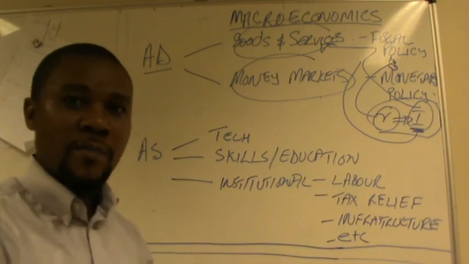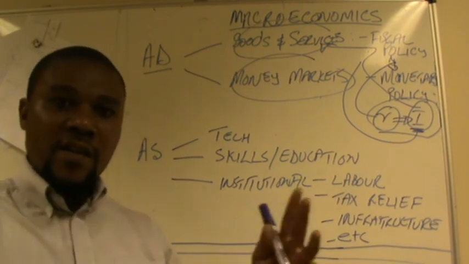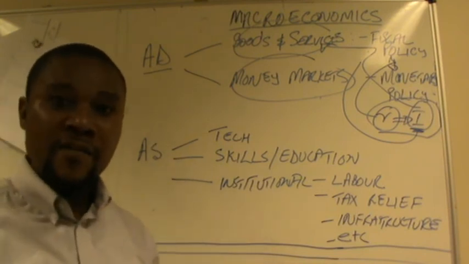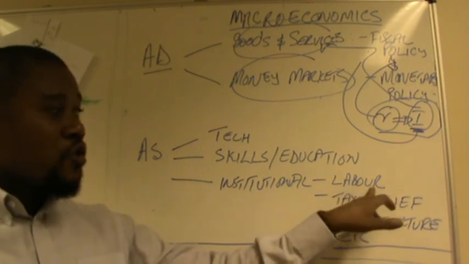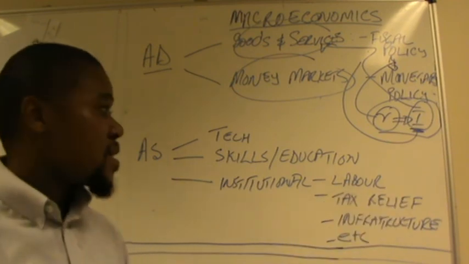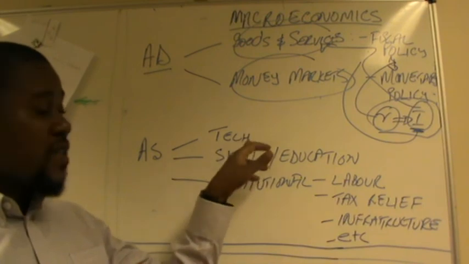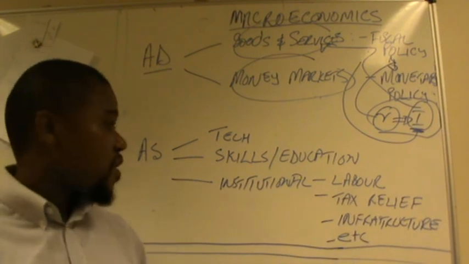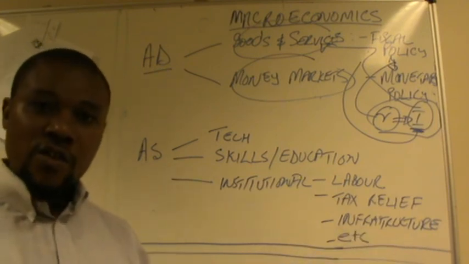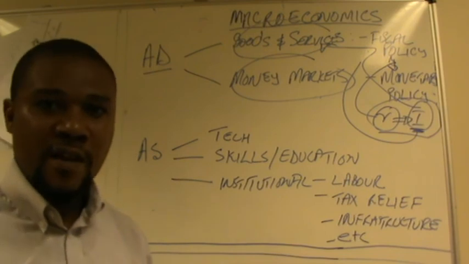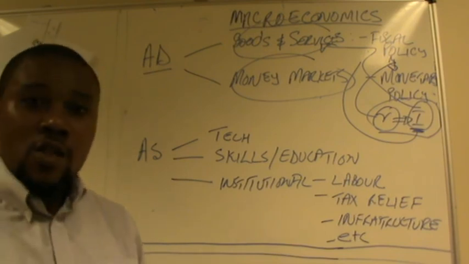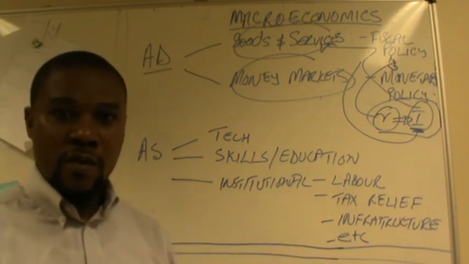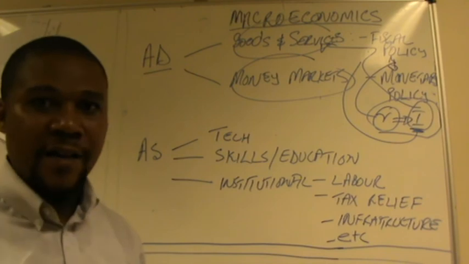So pushing out supply, making sure that the labor regulation is conducive for private investors, making sure that you've got a skilled labor market, making sure that technology and innovation are developed in your country, making sure that you've developed your infrastructure so that you can attract, for instance, FDI, as well as local private investment to push output by pushing aggregate supply.